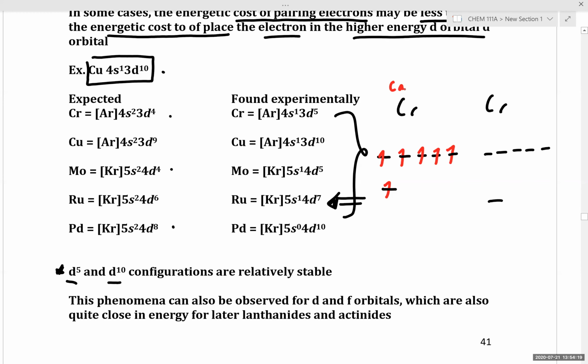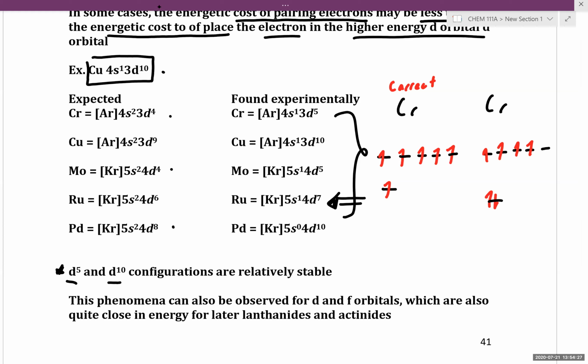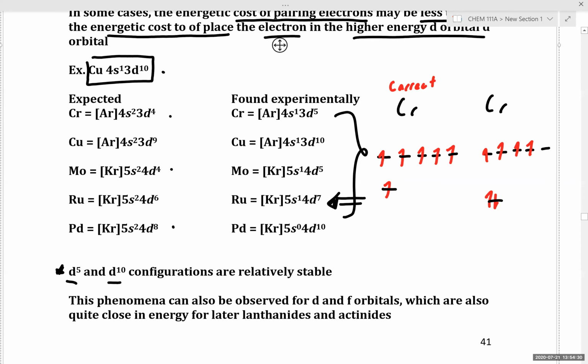So this is the correct configuration for chromium versus the expected configuration. And the reason for that, again, just to emphasize, is that the pairing energy is greater than the difference in energy between the s and d orbitals.